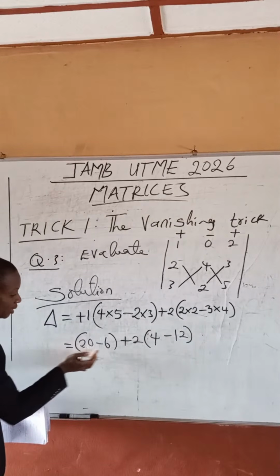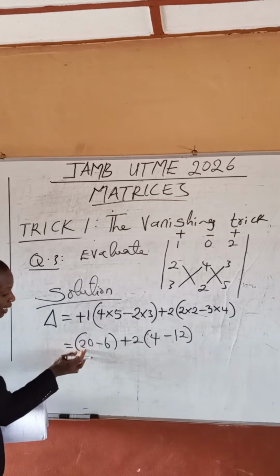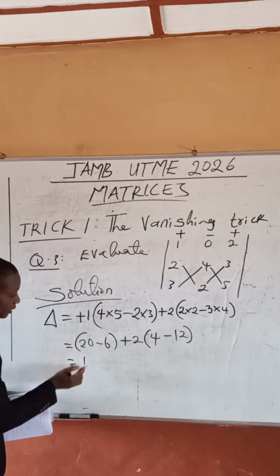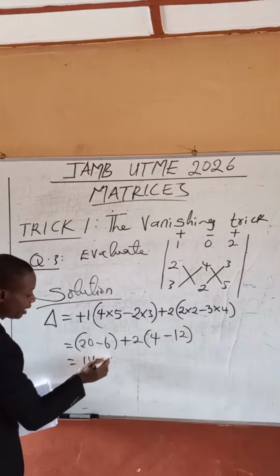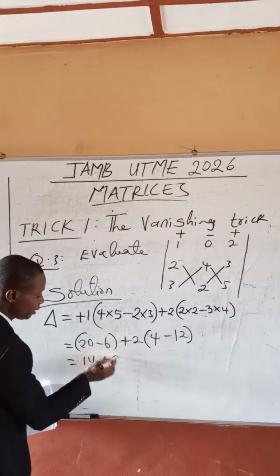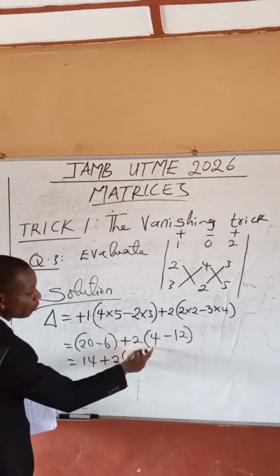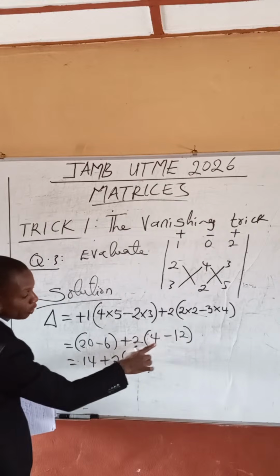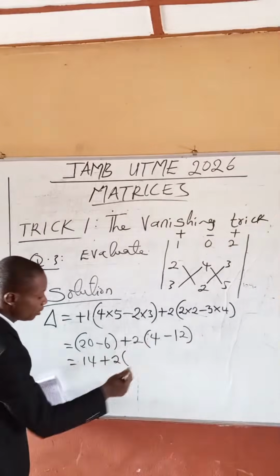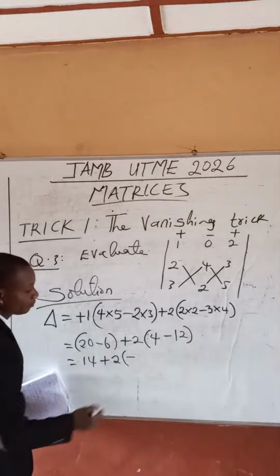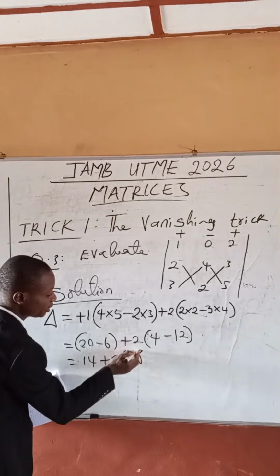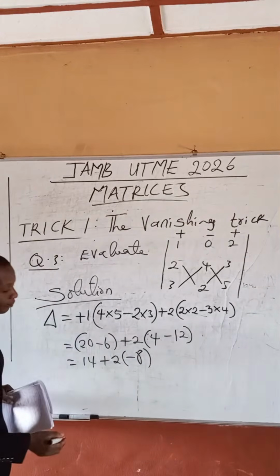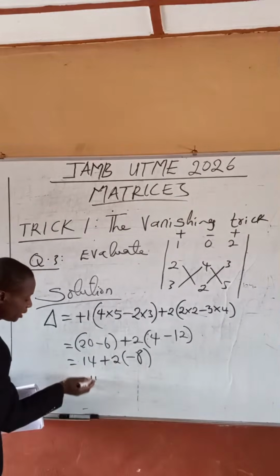Then the next phase is to take the difference. 20 minus 6 is 14. Then we have plus 2 here, open bracket, 4 minus 12. Remember, this number is bigger. You are subtracting a bigger number from a smaller number. So we are going to have a negative sign here, and that is minus 8. This gives us 14.